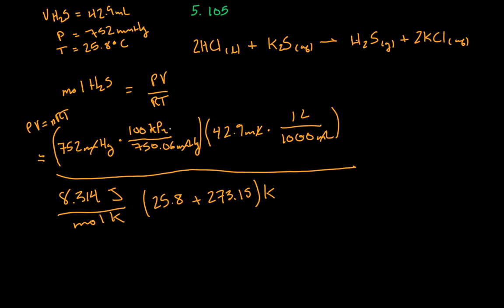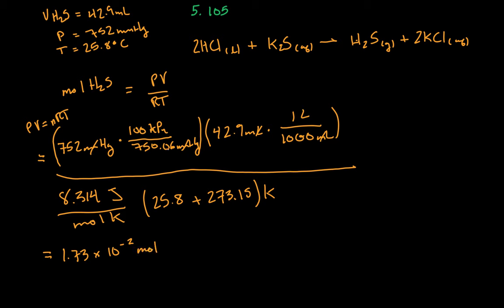So this gives us kilopascal liters, which cancel out, since a kilopascal liter is equal to a joule, leaving moles. You can check this whole disaster with the calculator, but I have it done ahead of time: 1.73 times 10 to the negative 2 moles.